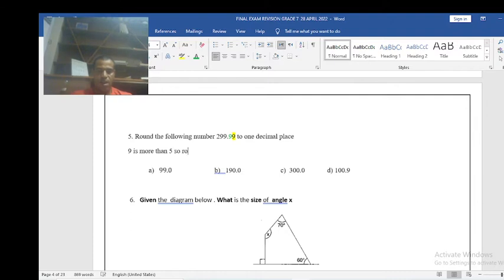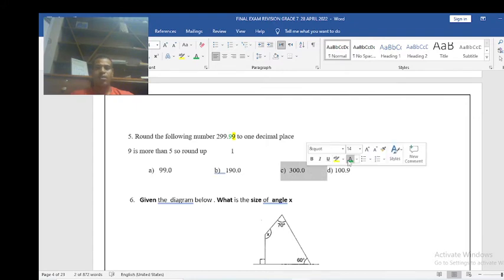Round up means you are going to add 1 to the 9. It will be 10, then you carry 1 here. Then you make the total, so it will be 300.0. This is the correct answer. Clear?